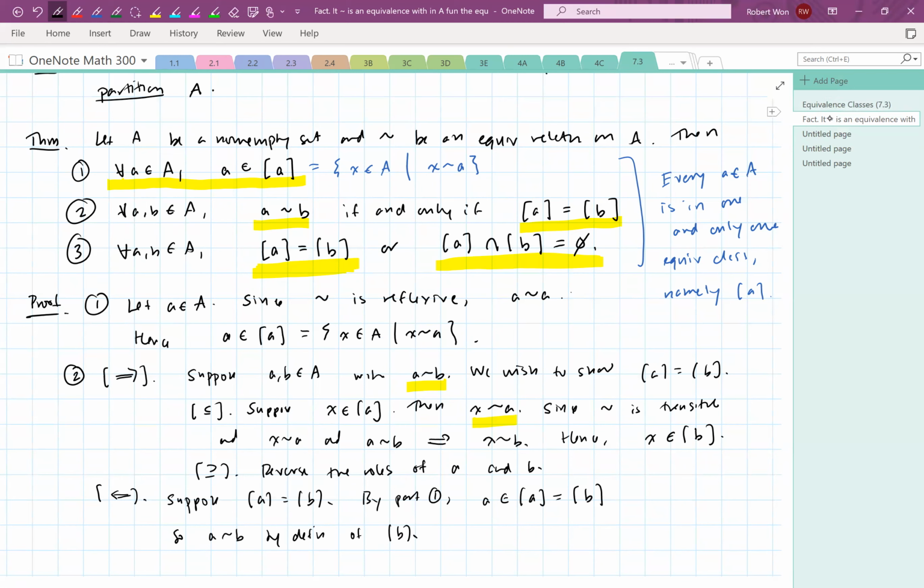Another way to say this is that the elements of C are pairwise disjoint. Every pair of them is disjoint, intersects in the empty set. The distinct elements of C are pairwise disjoint.